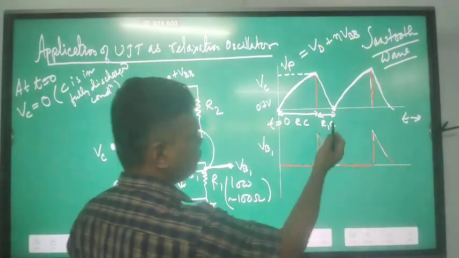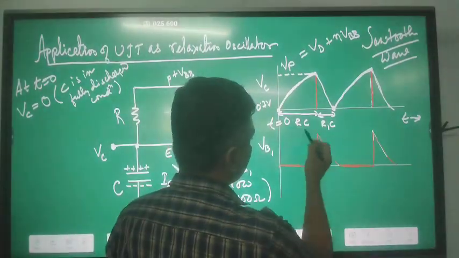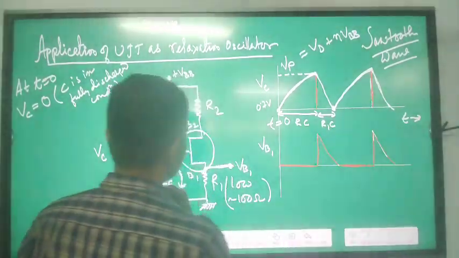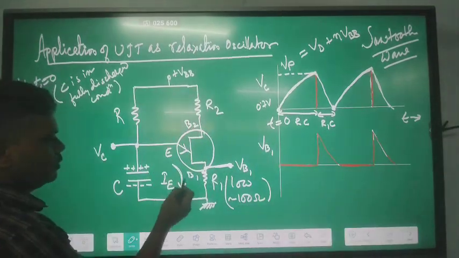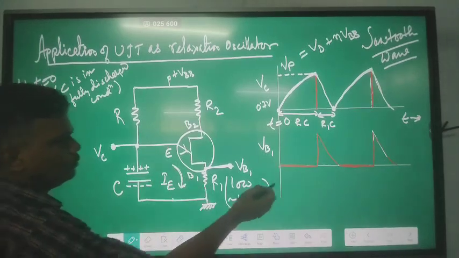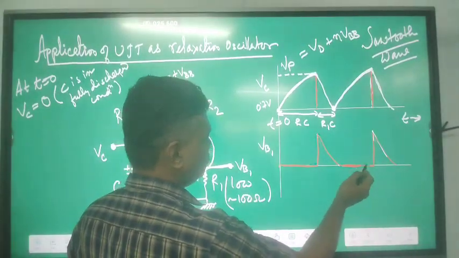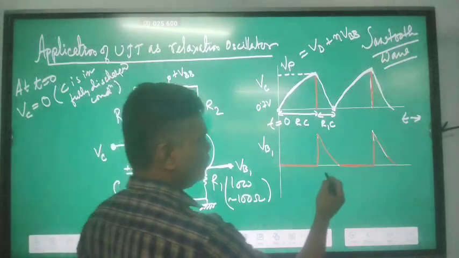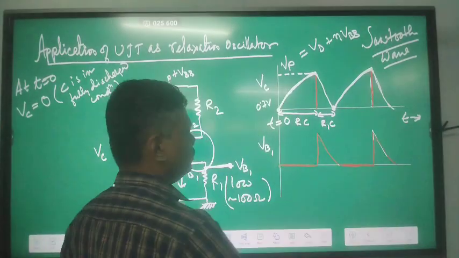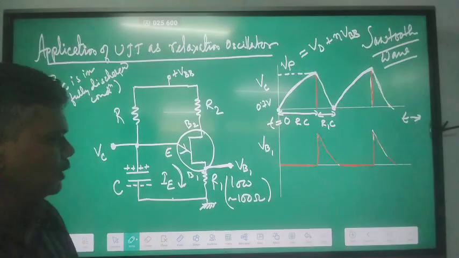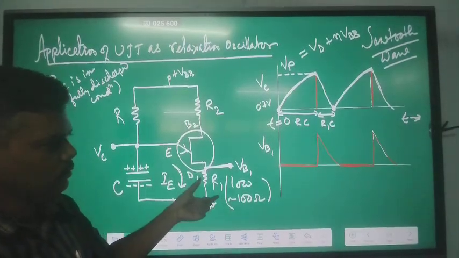Same thing again, if the voltage across C, that means Vc becomes 0, it will become cut off. Once it is cut off, the voltage across R1 will be equal to 0. So this whole thing will repeat. So this is the voltage pattern that we are getting across R1.